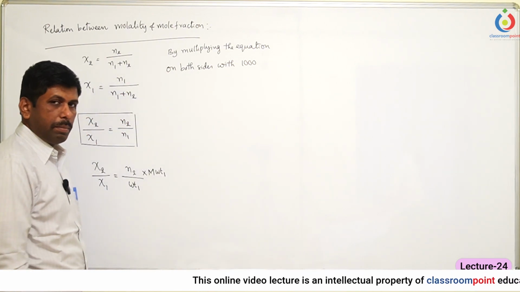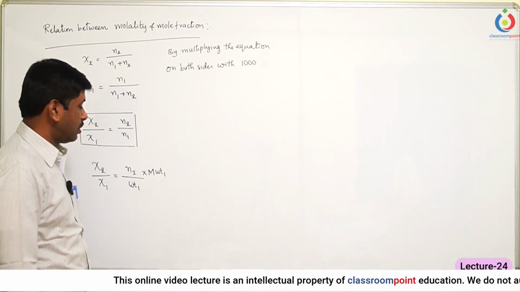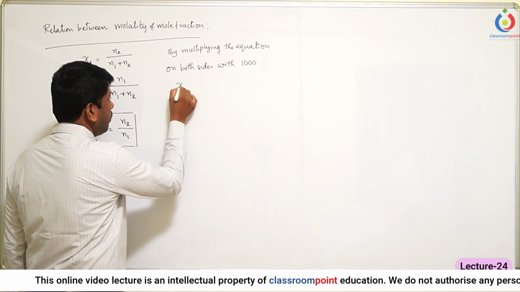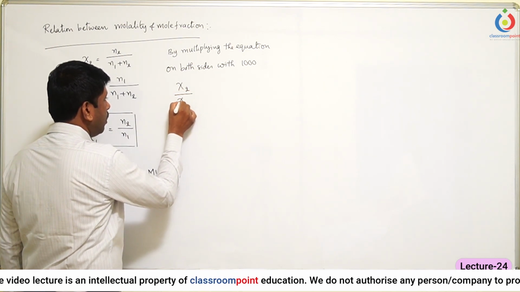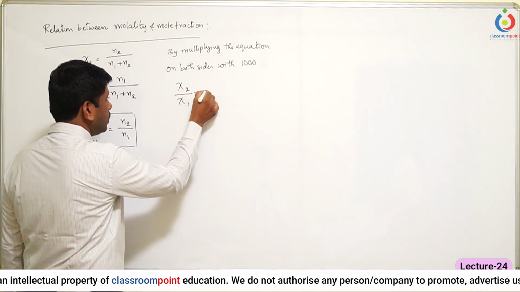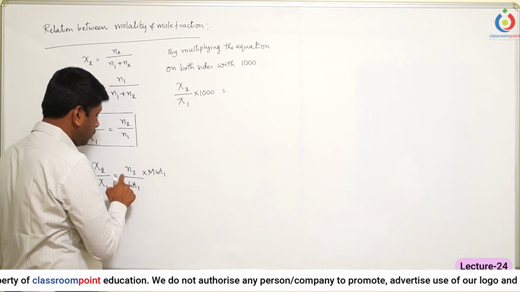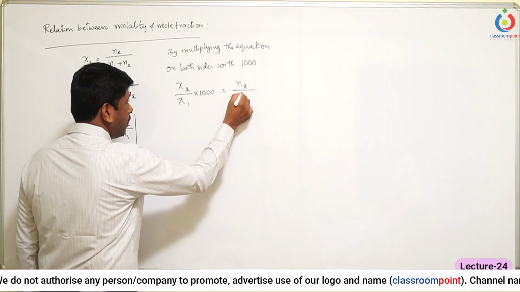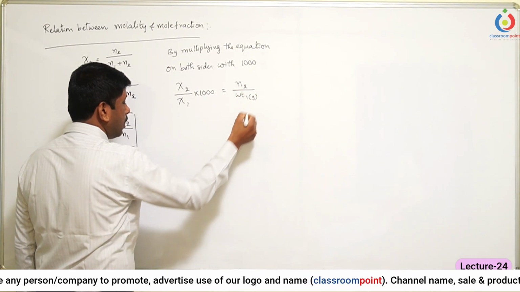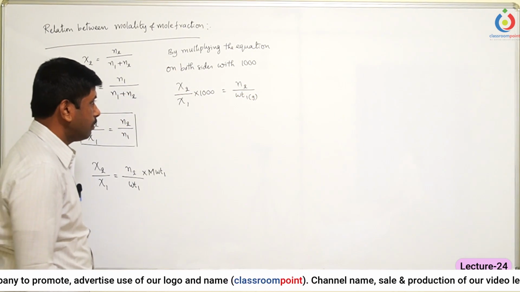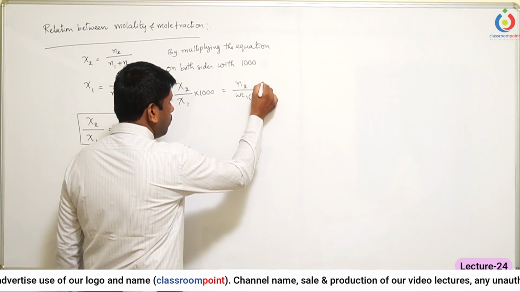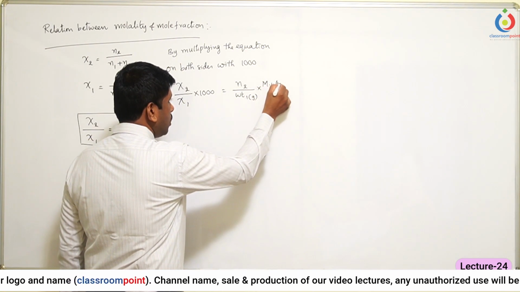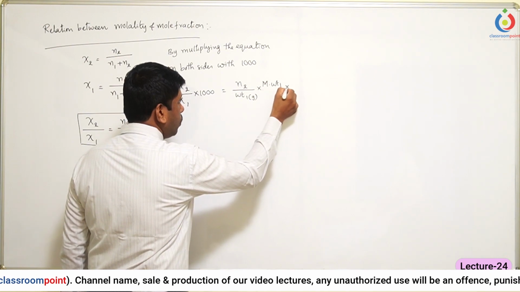Then we can write down the mole fraction of the solute by the mole fraction of the solvent into 1000 equals the number of moles of solute divided by the weight of the solvent, into the molecular weight of the solvent, into 1000. The weight of the solvent is always to be taken in grams only.